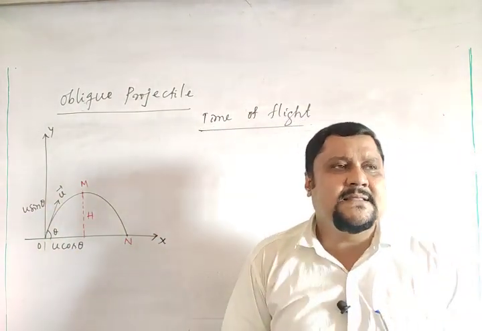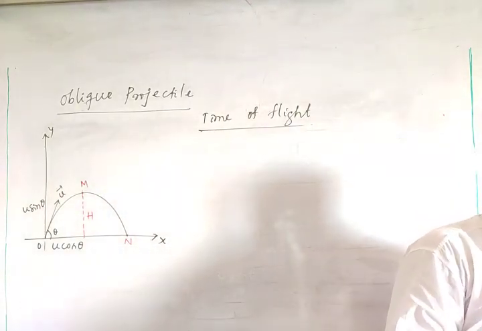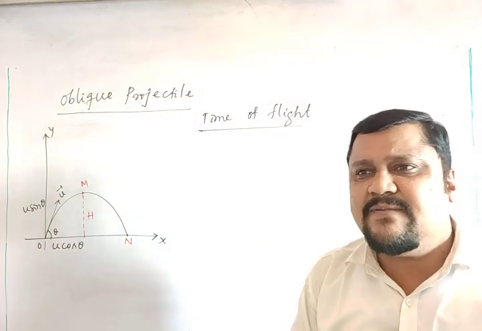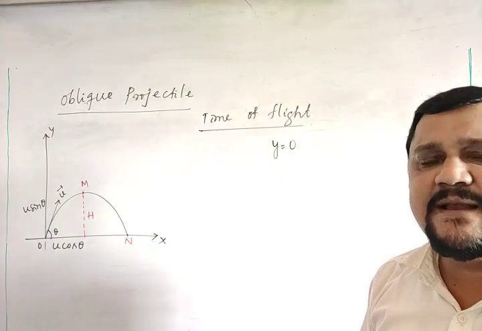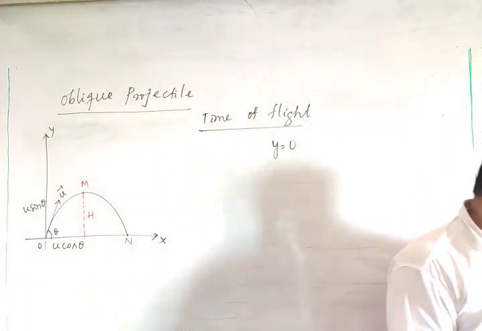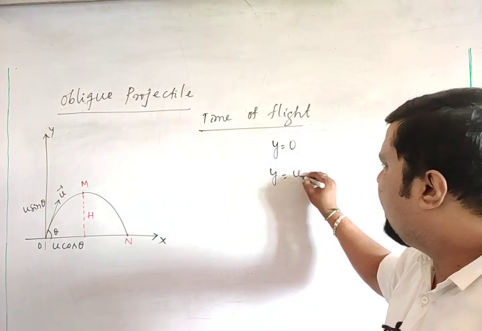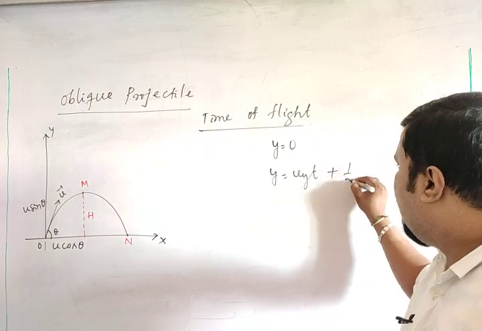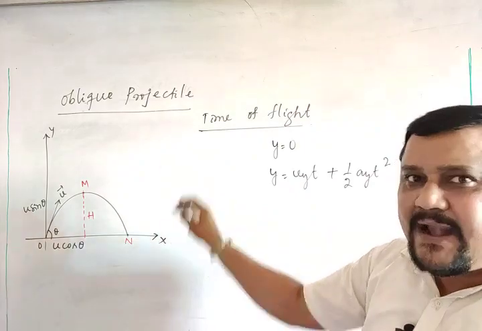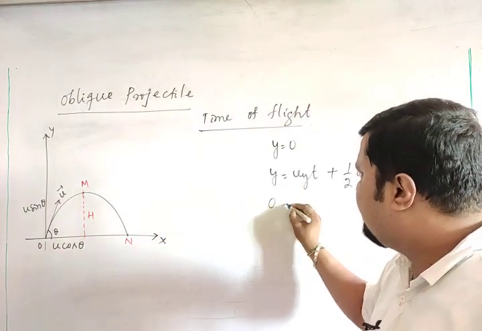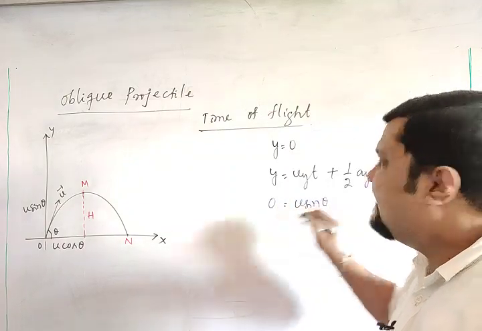So the total displacement during the time of flight is 0. On that basis we can use y is equal to 0, the displacement, and with that, using s is equal to ut plus half at square, y is equal to uy t plus half ay t square. To calculate the total time of flight, here uy is equal to u sin theta, and t is the total time taken.